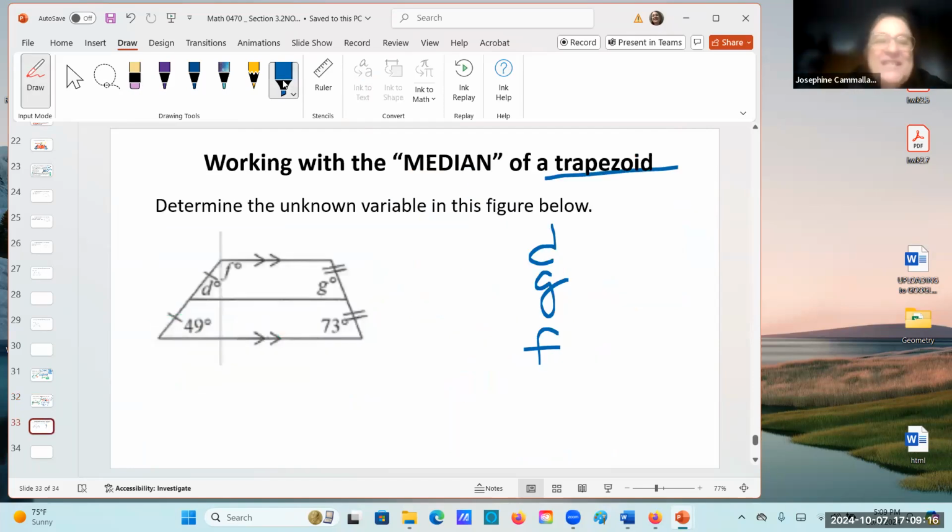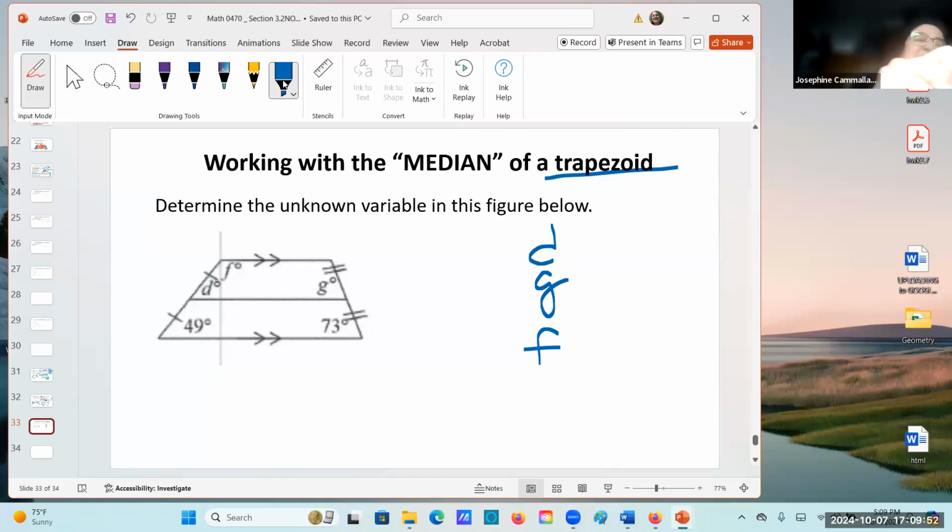Okay. What's D, G, F? You got to know the properties of a parallelogram. Perfect, Hafsa. D is 49.